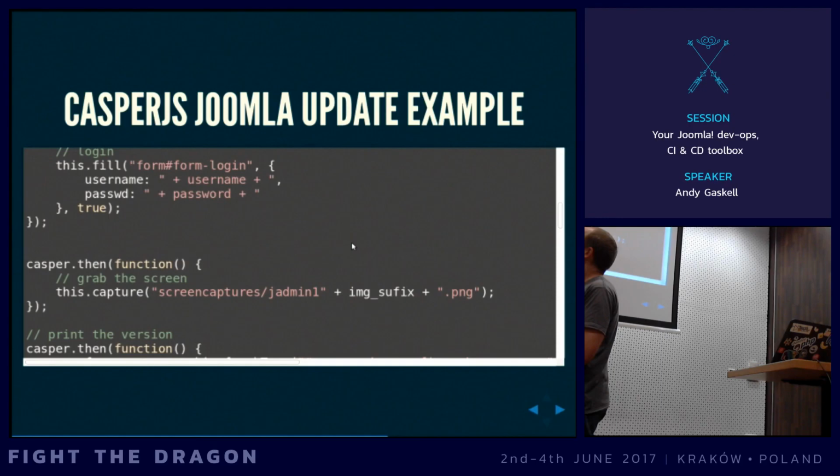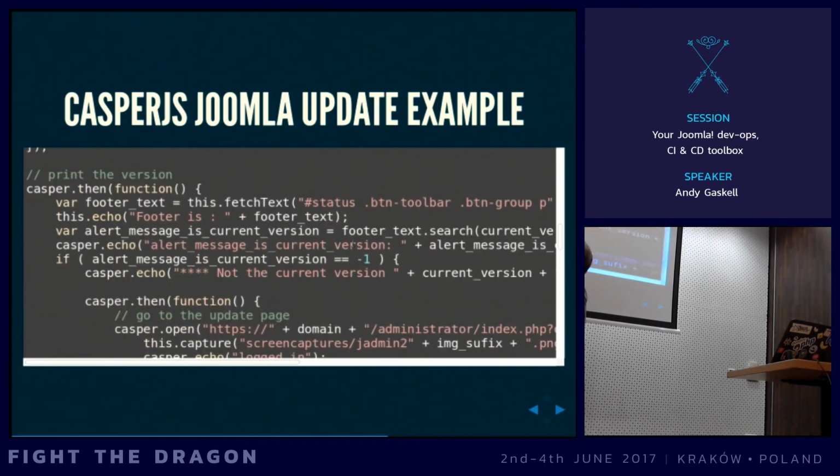So you can see it's login, and this sort of thing just creates the screen grab. It's got a date stamp in it anyway. And yeah, it's JavaScript, it's ugly. Here we're checking the fetch text status, so you're looking for a button.